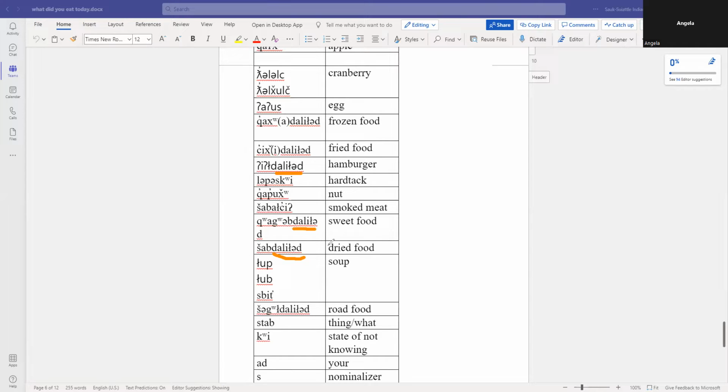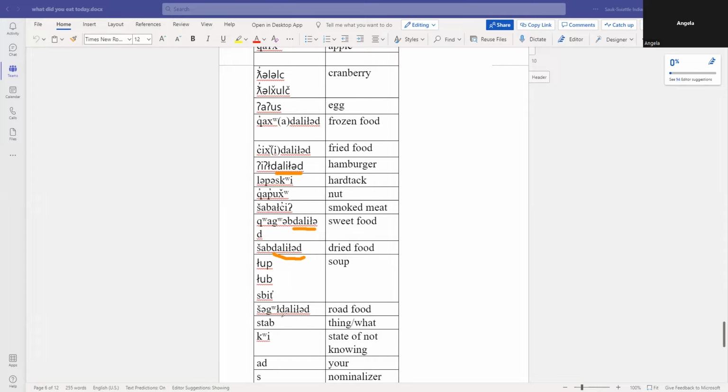I think this one was actually in the dictionary, and it did say dried food. Sweet food. The smoked meat that was in there.